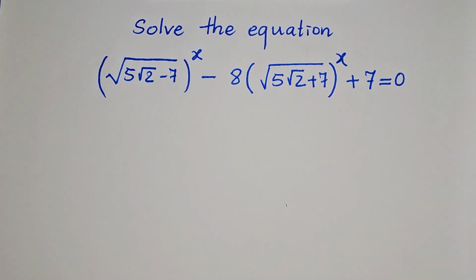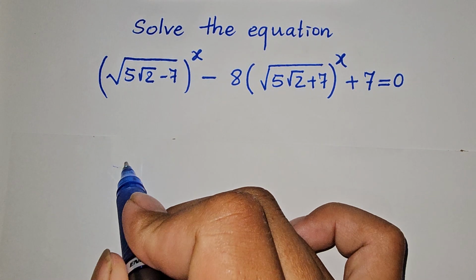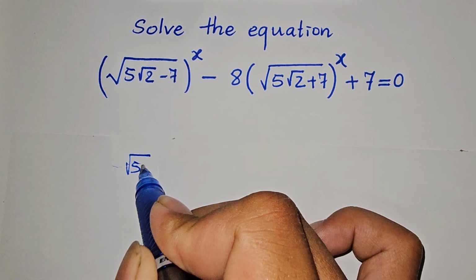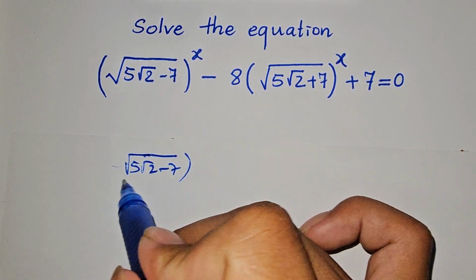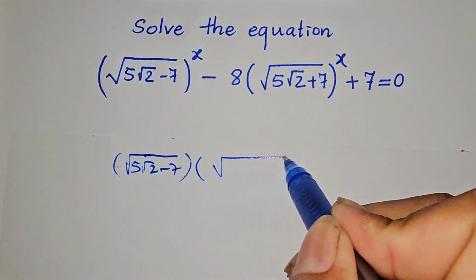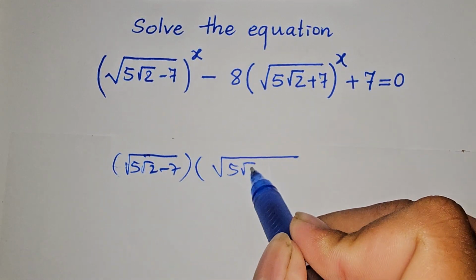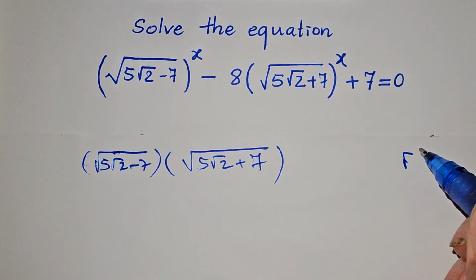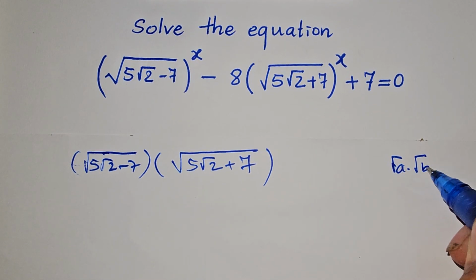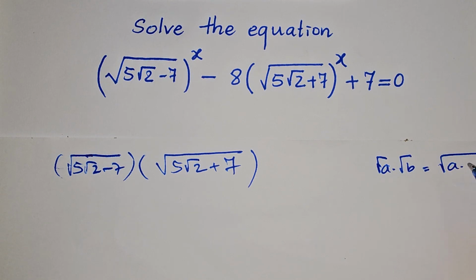Okay, look first. This is √5·√2 − 1. If I multiply it with √5·√2 + 1, use the formula: √a times √b is equal to √(a·b).